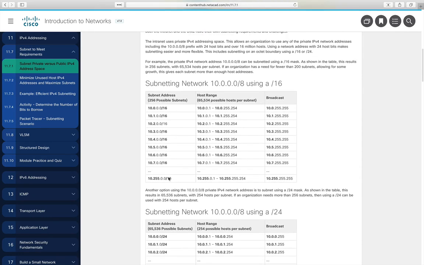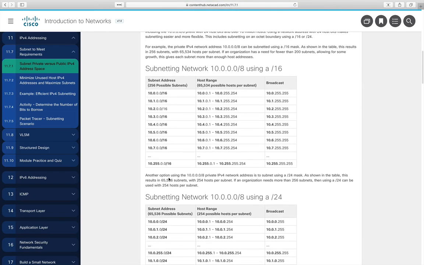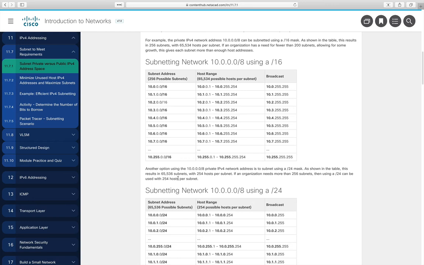So they're going through some more subnetting examples where they're borrowing a set number of bits. And what happens is you're subnetting a /8. In this case, the first octet, the first 2 bits being 0, 1, makes it a Class A network.